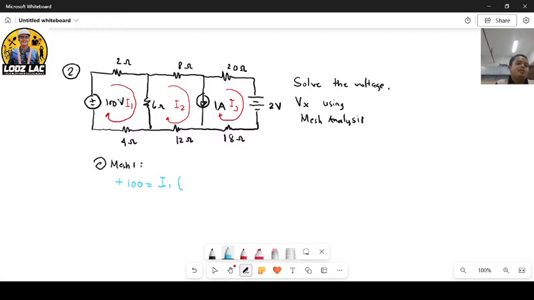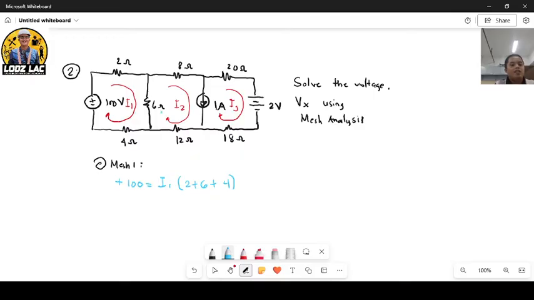The resistors inside mesh 1 are 2 ohms, 6, and 4. You add those 3 values: 2 plus 6 plus 4.